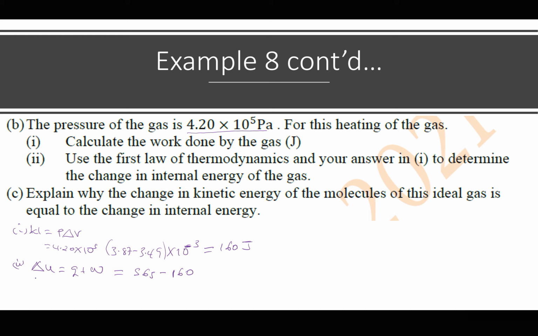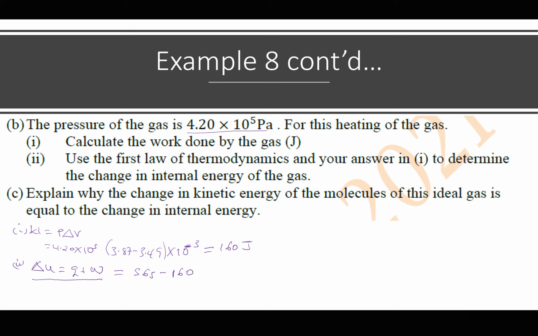The first law of thermodynamics states like this: change in internal energy is equal to Q plus W. But it has what we call sign conventions. When heat is added to the system, Q is positive. That is a sign convention. A convention is a rule. When the system loses heat, Q will be negative. When work is done on the system, W is positive.